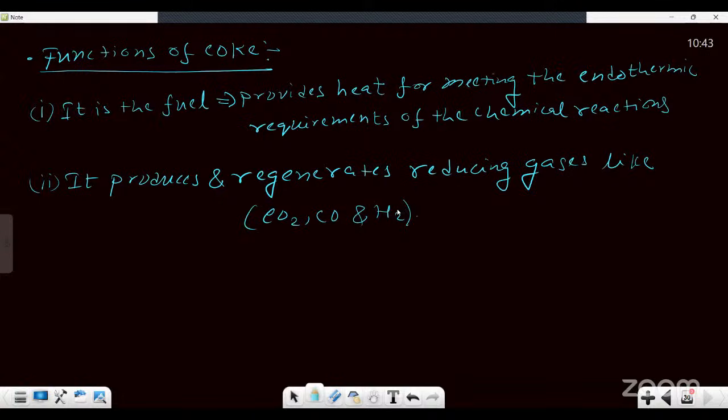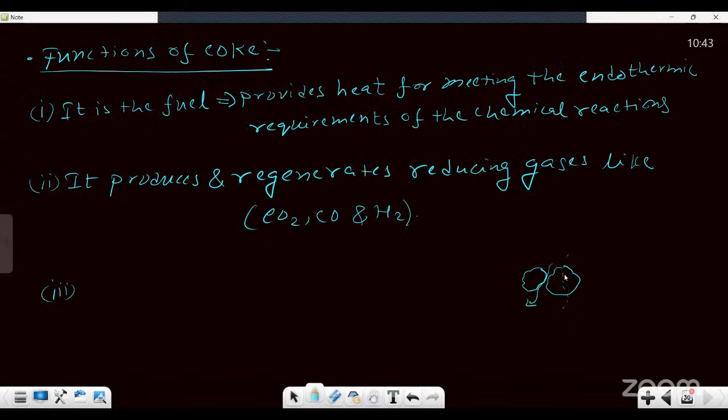it provides an open permeable bed through which the slag and the metal pass down into the hearth. This point is something very, very important. So coke has good permeability. If these are the lumps of the coke, they will allow the gases to pass through them, number one. And also, because the coke is permeable, the hot metal as well as the slag can also pass easily through the coke.